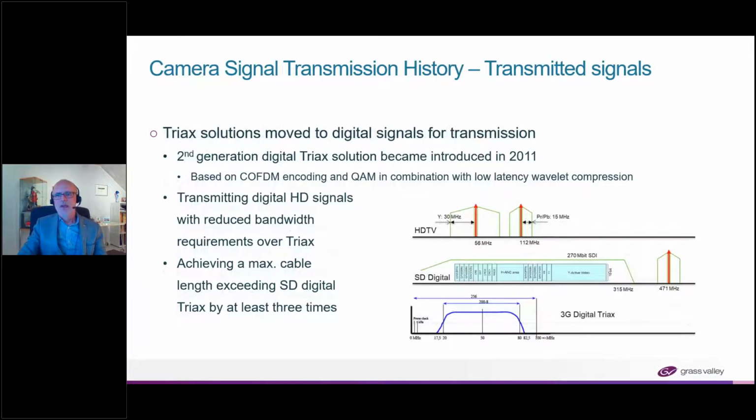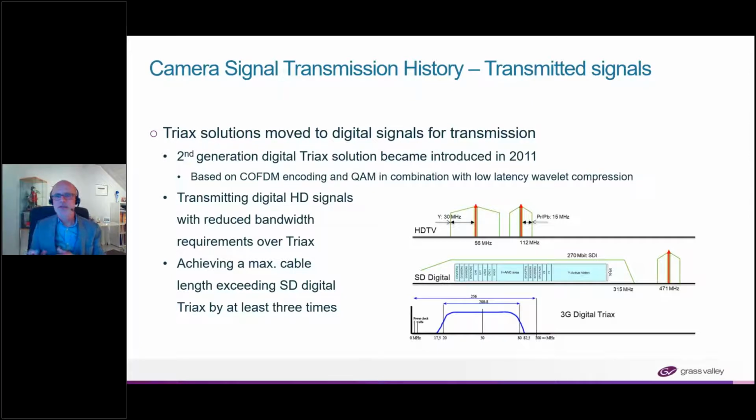So there were different versions of digital triax solutions. Earlier versions based on SD transmission, which used basically an SDI signal over triax, were replaced later by a second generation of digital triax solution, which used technologies not developed for cable use but typically for wireless applications, such as COFDM encoding and QAM modulation.